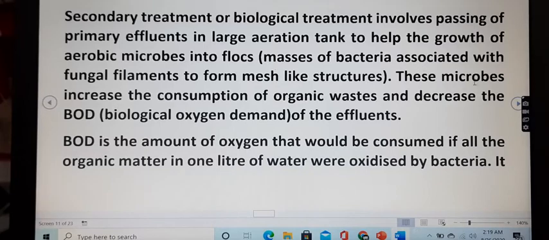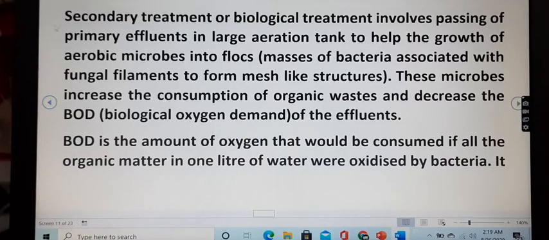These microbes increase the consumption of organic waste, means they are using the organic substances by decomposing them, and decrease the BOD, that is the biological oxygen demand of the effluents.